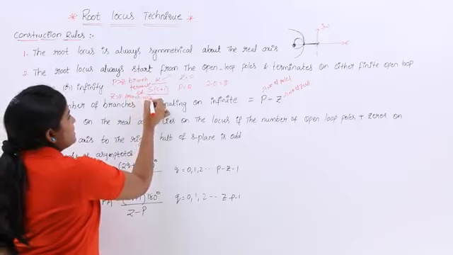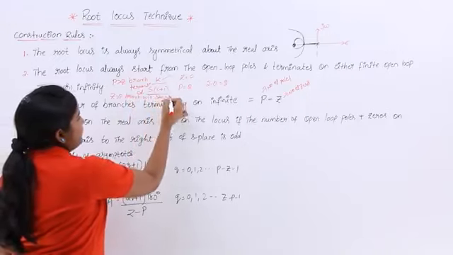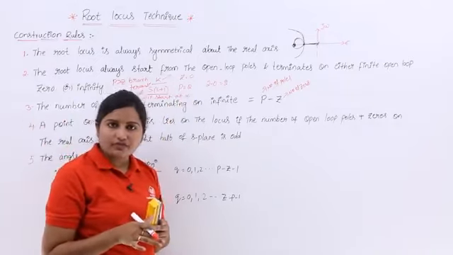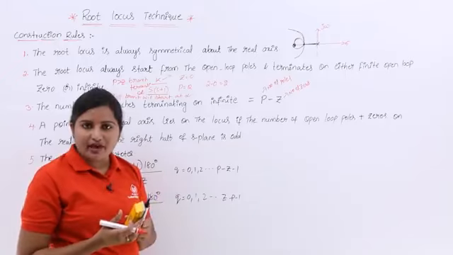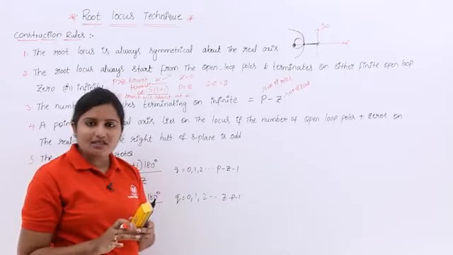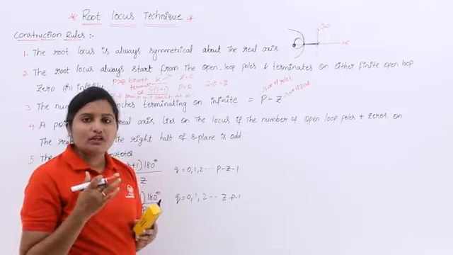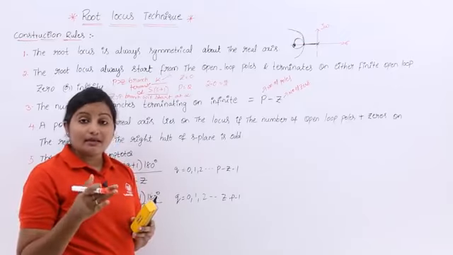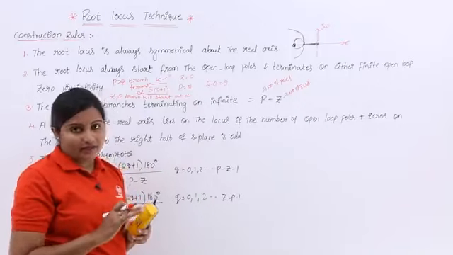This is the difference between the number of poles and zeros and how the branch is going to vary.